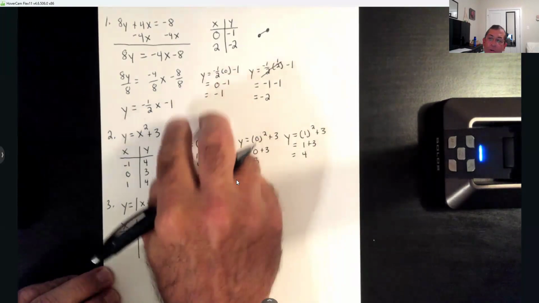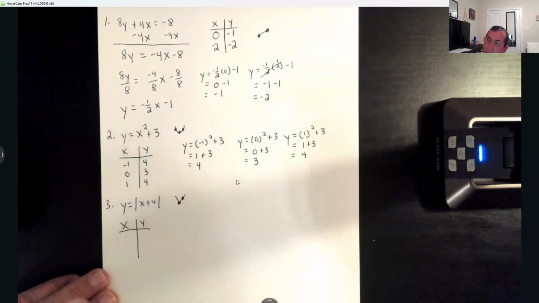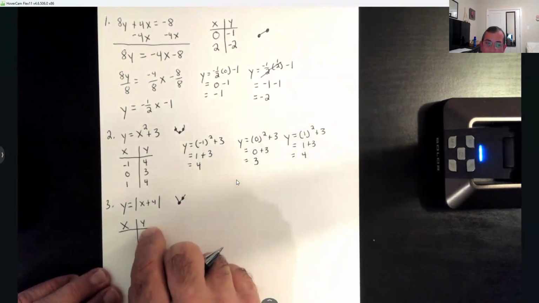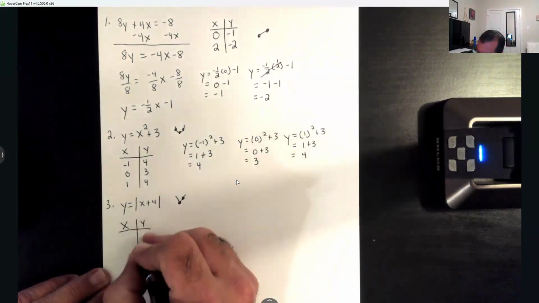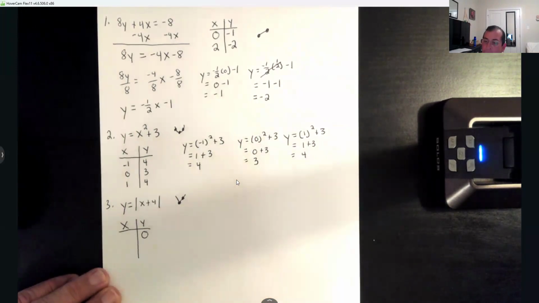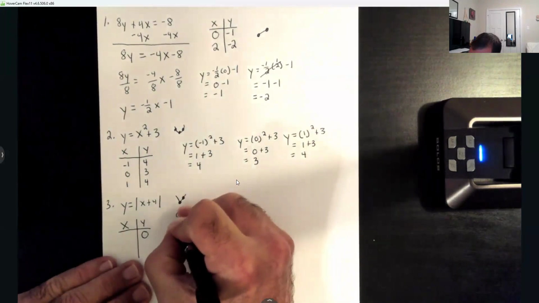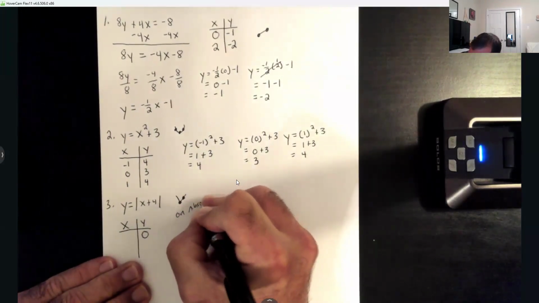Now, y'all, of these 3 problems, this one is picky. No matter what on this problem, the first point has to have a y value of 0. Okay. So on absolute value.